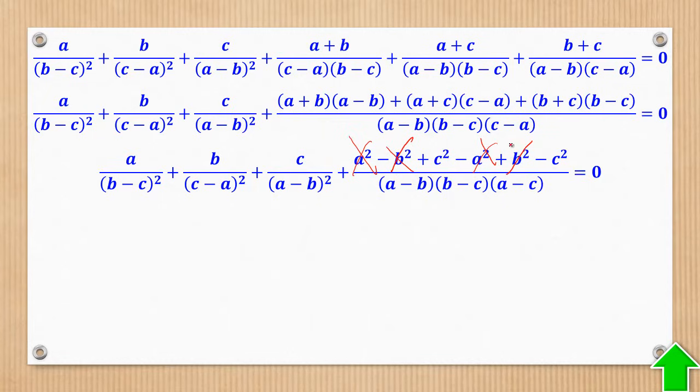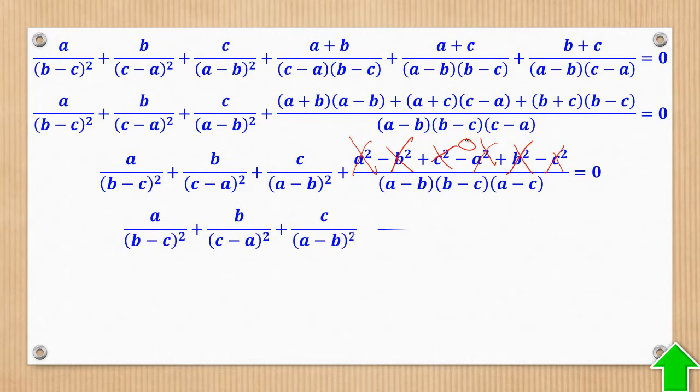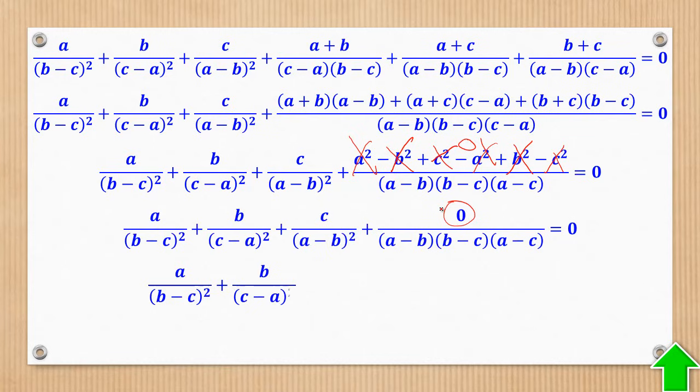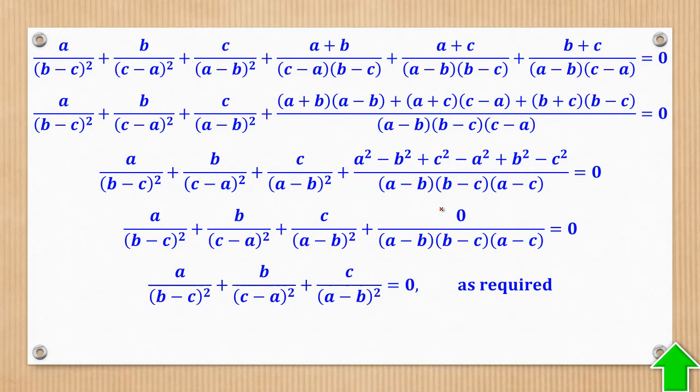This goes with this. Okay, this goes with this. Everything has gone out, so it is now 0. 0 divided by any number, we still get 0. So we'll come up with this, whereby this is 0, and therefore you'll have got the required proof. So basically, that's what they wanted in that question.